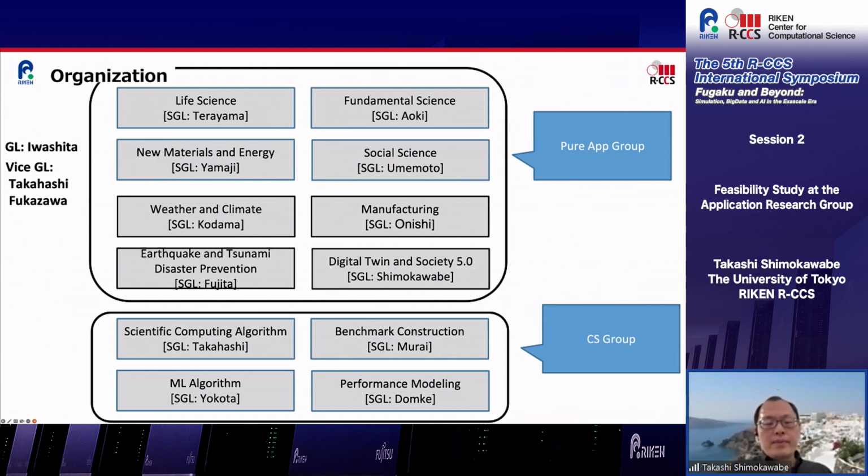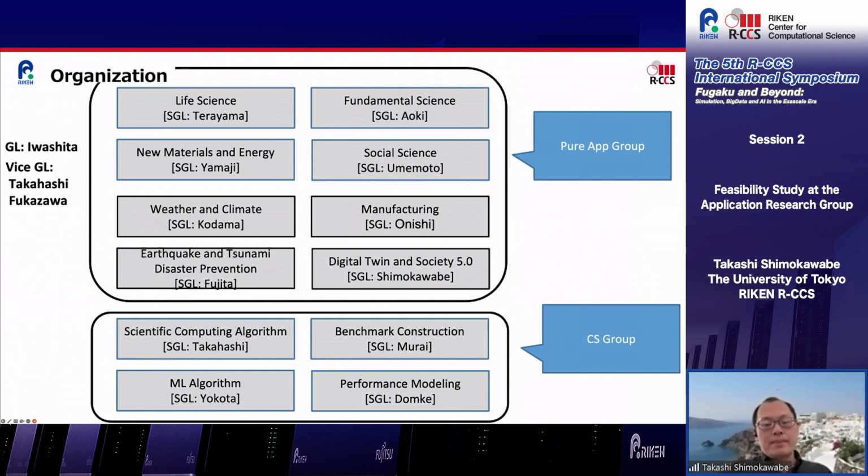Of the 12 subgroups, 8 are classified as pure application groups, where subgroups belong to various scientific fields, such as life science, fundamental science, and weather and climate, etc. On the other hand, the 4 subgroups are called the computer science group, the CS group, to which belong subgroups that work on algorithms, benchmark building, and performance model building.